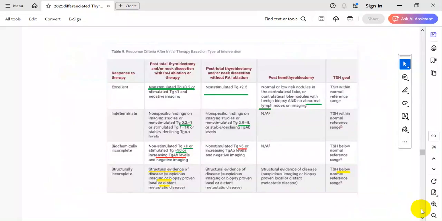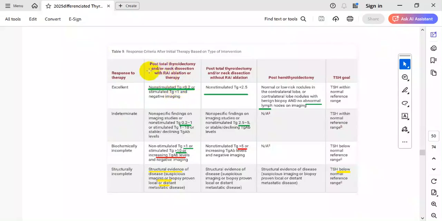And here, a very important scheme to know is the response after initial therapy based on type of intervention. There are 4 types of response. Excellent response is when non-stimulated thyroglobulin is less than 0.2 or stimulated thyroglobulin is less than 1 and imaging is negative.